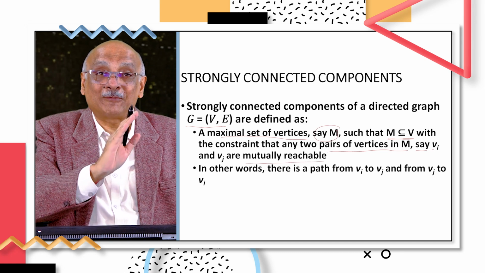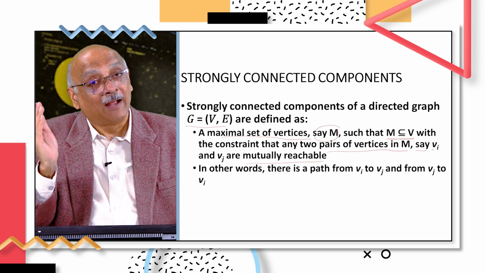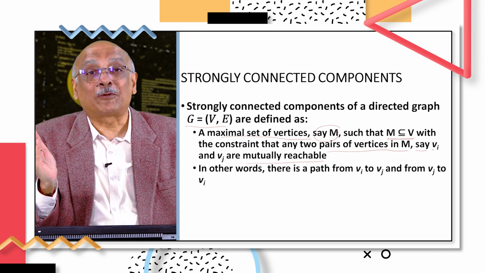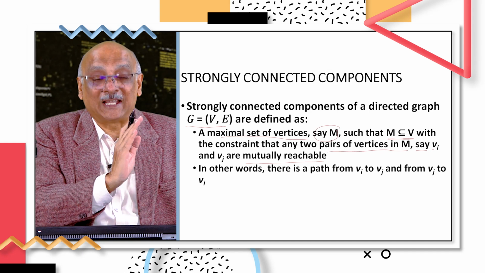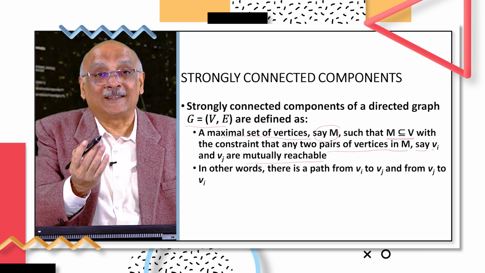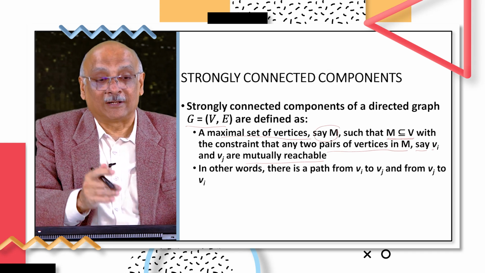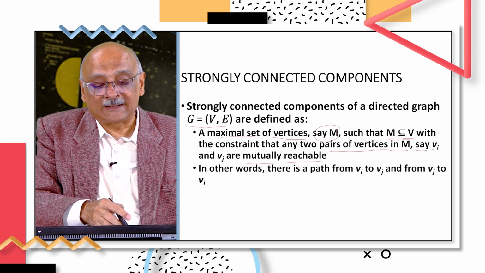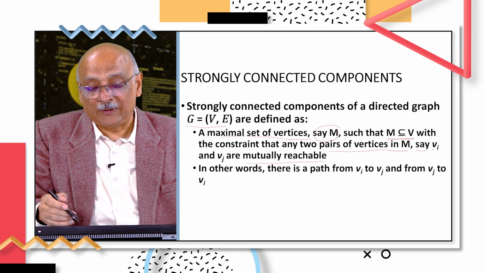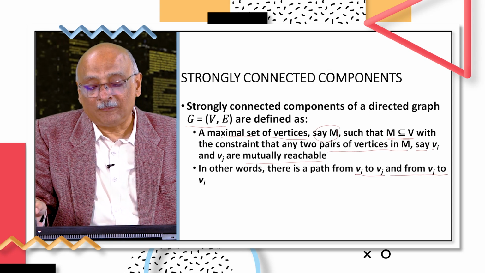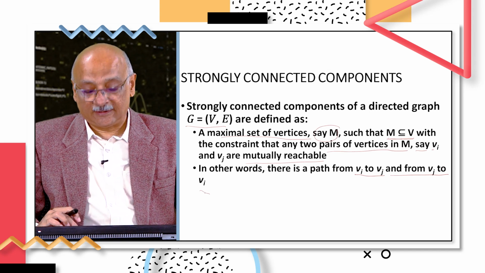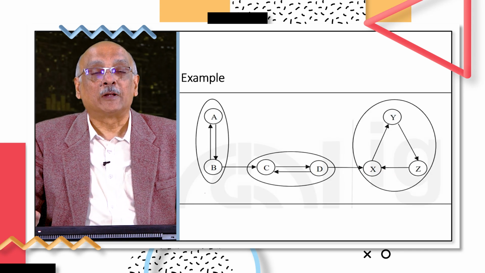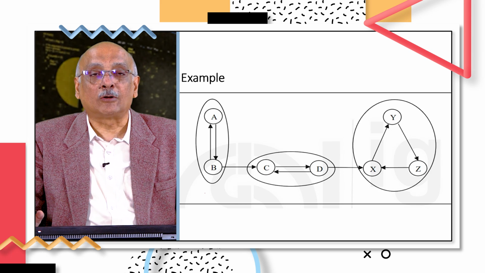So, there is a path from Vi to Vj, as well as a path from Vj to Vi, and both have to exist together within that particular graph. In other words, there is a path from Vi to Vj and from Vj to Vi. That is the basic definition of a strongly connected component.